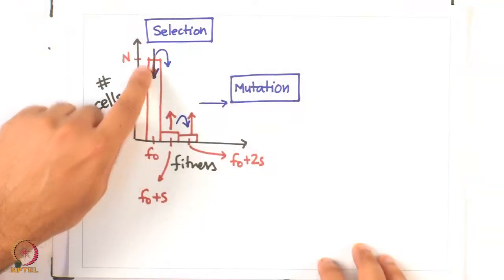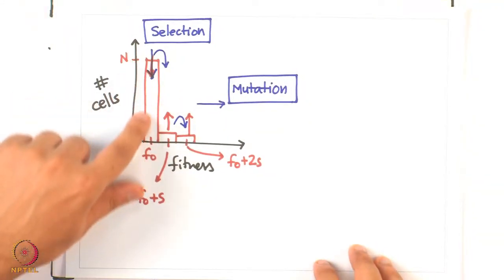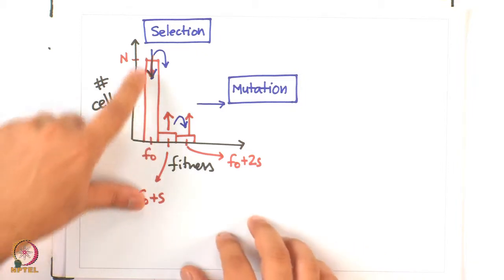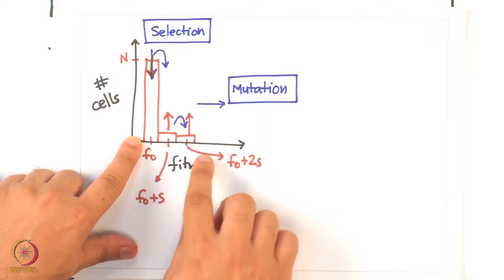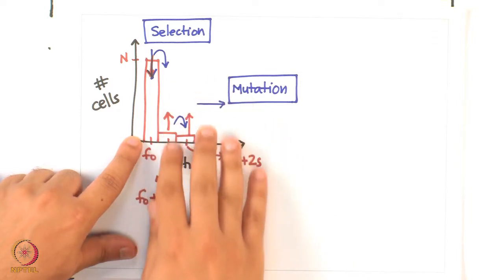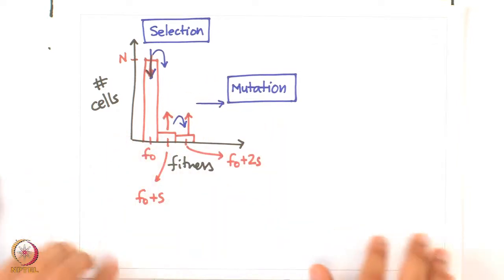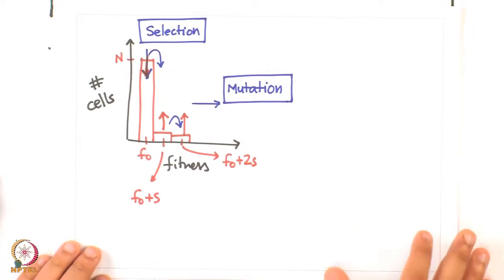Something like this distribution will eventually emerge: its numbers will keep on coming down, and while they are coming down, the numbers associated with these two and the subsequent fitnesses will be higher, and we can imagine that the lagging end individuals are also going to be small in number.